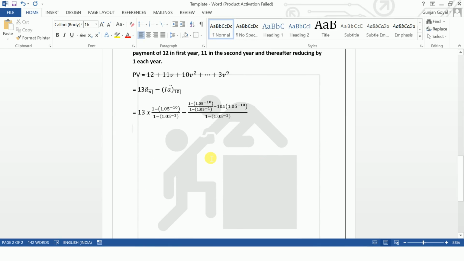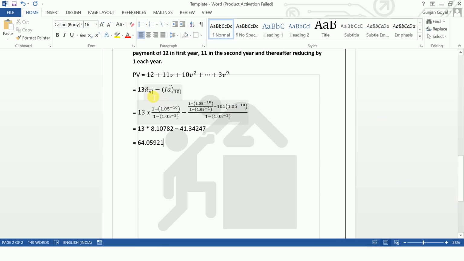Once you put the values in your calculator you get 13 into 8.10782 minus 41.34247, not skipping any steps, and we get 64.05921. So this is my answer for the present value.